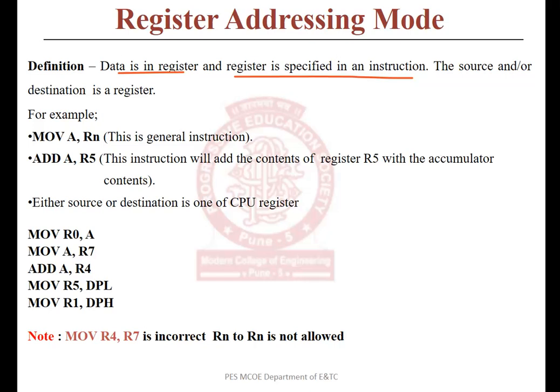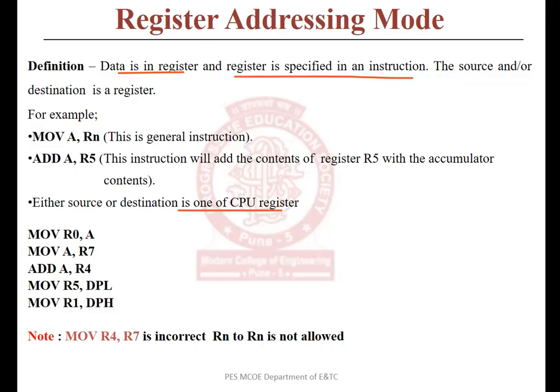Next instruction is ADD A, R5. This will add the contents of R5 with the accumulator, and the result will get stored back to the accumulator. So either source or destination is one of the CPU registers. Here are a few more examples.